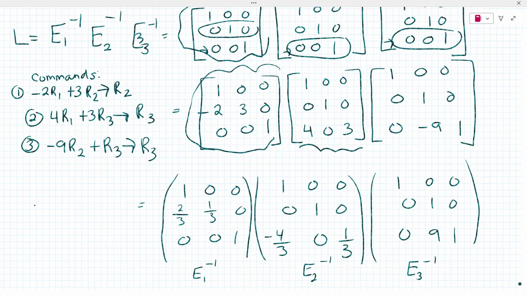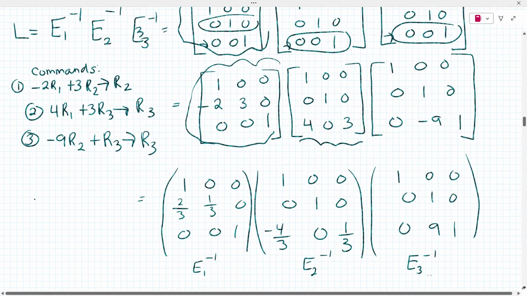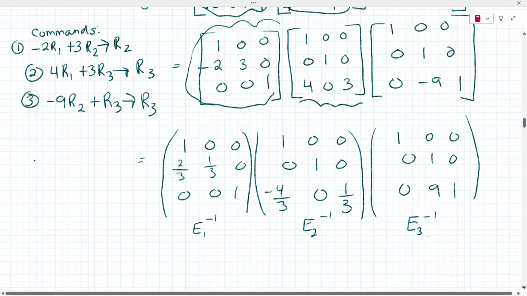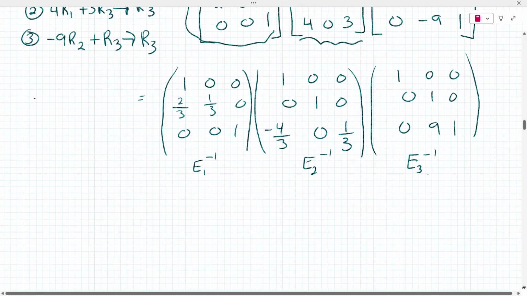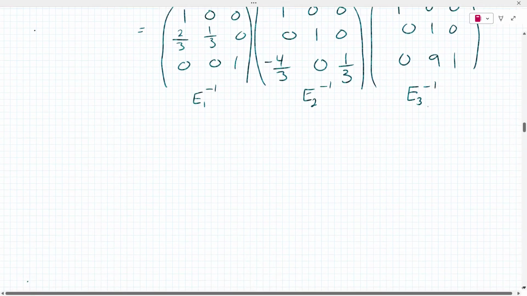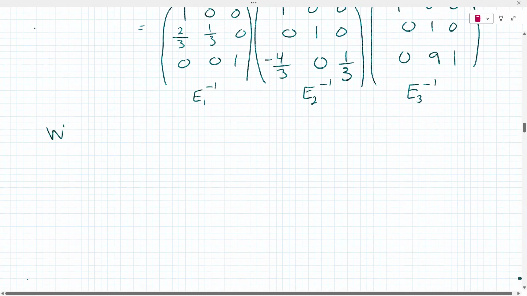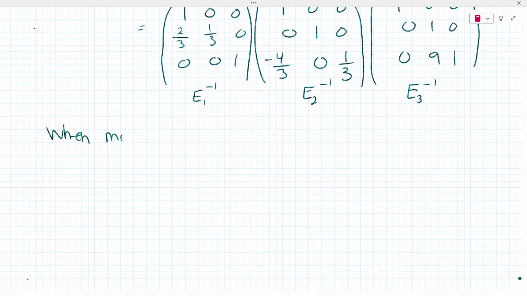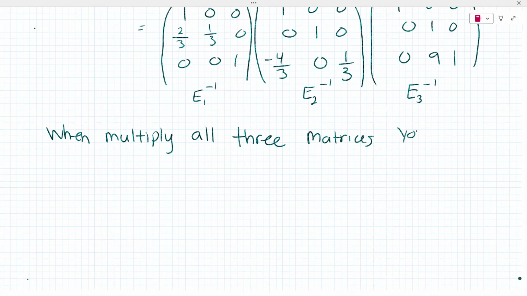So when you multiply all three matrices, you get L. With a calculator, or by hand if you have the patience, go ahead. You should get this: L equals 1, 2/3.